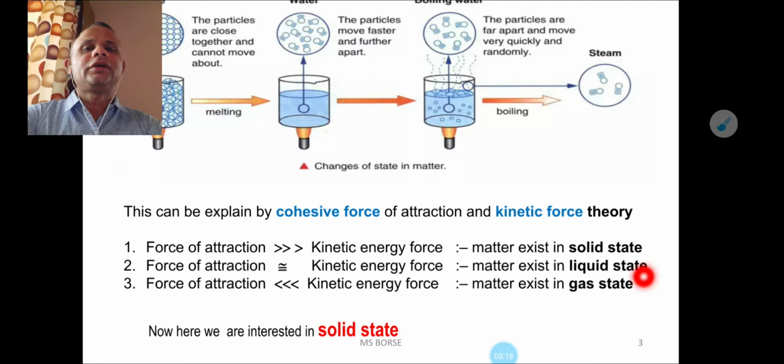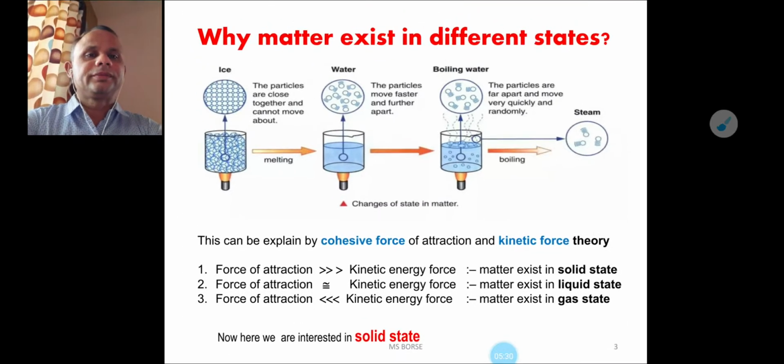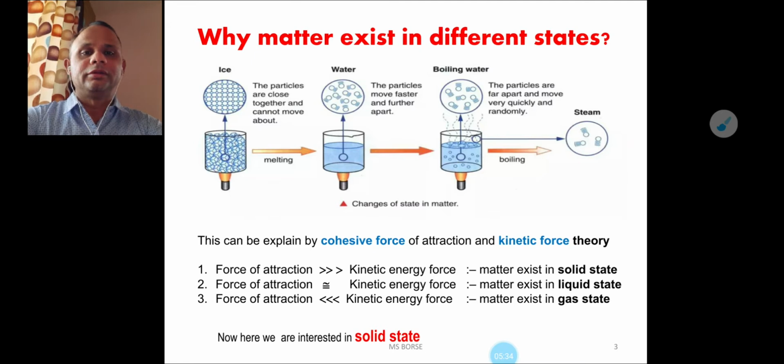So these three different states arise due to the cohesive force of attraction and kinetic energy between the molecules. In your previous academic year, you have already learned about the gaseous state and liquid state.